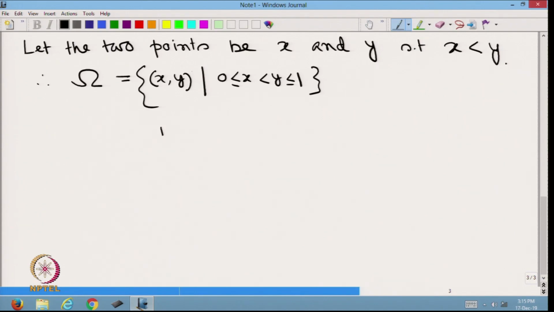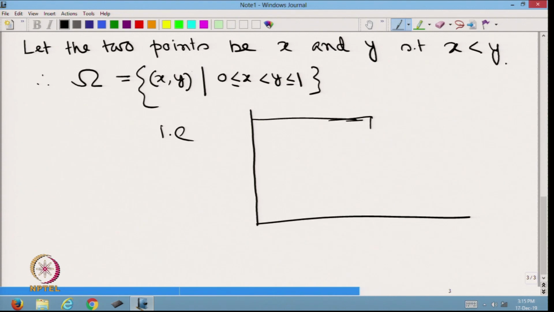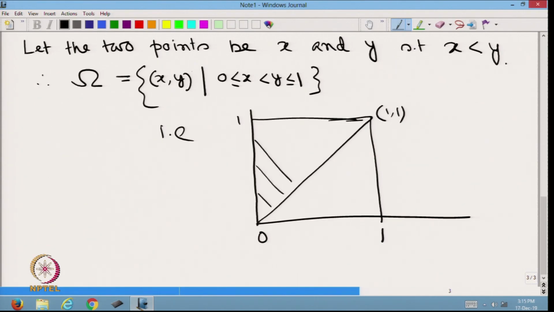That is, if we consider the unit square, then y has to be greater than x, or in other words my omega is going to be this triangle.